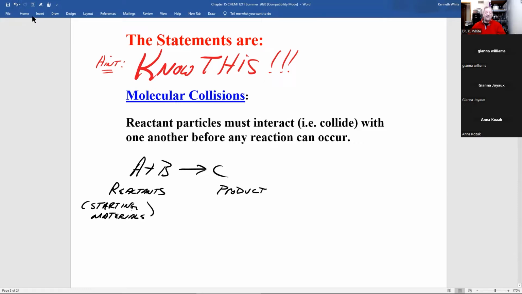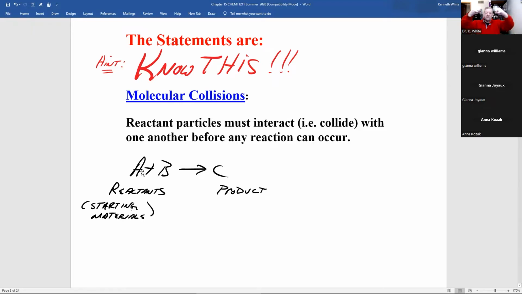In order to make C, A and B have to collide. That's why you mix chemicals together. That's why you stir things, because you make the chemical reactants collide. So think about it. In order to make C, A and B have to be mixed together and they collide.